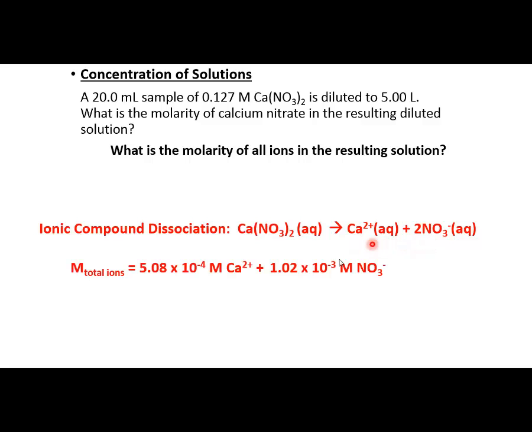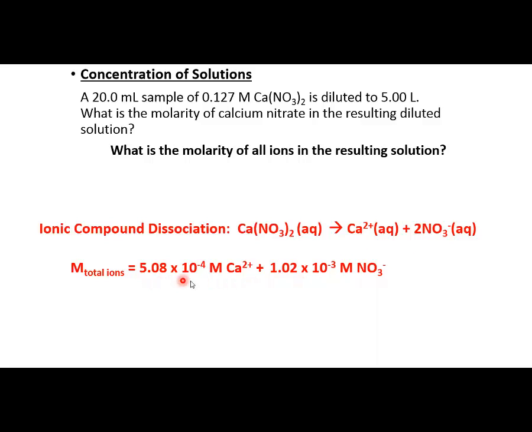Since I know that I had 5.08 times 10 to the negative fourth molarity of the calcium nitrate formula, I end up with the same molarity of the calcium ions because there's a 1-to-1 ratio in the relationship. 1 calcium cation in the formula gives me 1 calcium cation in solution. So I have the same molarity of metal cations. However, since 1 mole of calcium nitrate formula units gives me 2 nitrate ions, I had to double the molarity there just like we did on the previous slide.